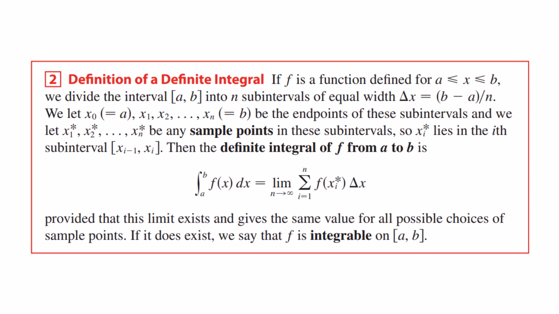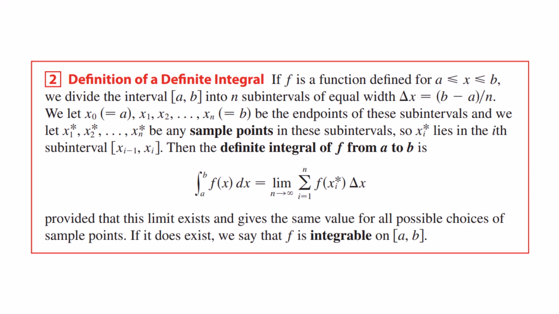So we're going to let all these x's be the endpoints of these subintervals, and we let x1 star, x2 star, all the way up to xn star be any sample points in these subintervals. So x sub i star lies in the ith subinterval, the closed subinterval from x sub i minus 1 to x sub i.